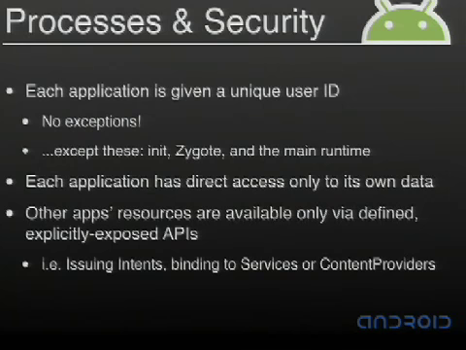So each application has direct access only to its own data, which I mentioned earlier. But the key big thing here is, in general, if you want to expose data or resources to other processes, you do that through a couple of very specifically defined APIs, namely services and content providers. If you want to expose functionality, you use a service. If you want to expose data, you use a content provider.